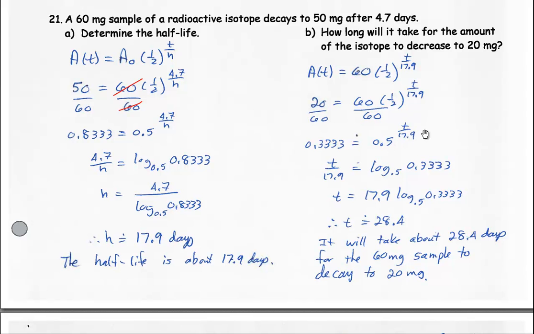So very similar over here, this exponent t over 17.9 would equal the logarithm of 0.3 repeating, to the base of 0.5. So the way we evaluate that is the log of this divided by the log of 0.5. So I'll multiply both sides by 17.9 here to isolate the t. So when I do that, t would be 17.9 times this logarithm.